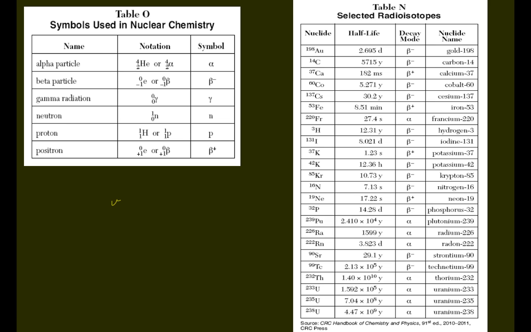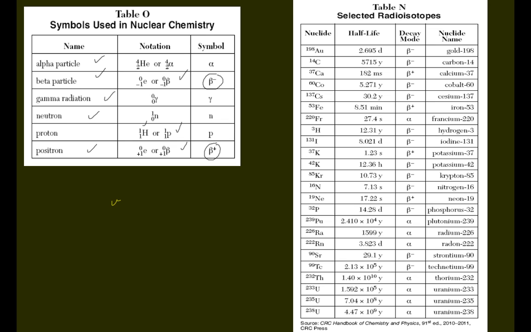But just know that alpha particle, beta particle, gamma, neutron, and positron are on here. Sometimes beta particles can have the Greek letter beta, with the plus and minus, which is another way to say beta particle. And what I didn't mention before was protons. Protons can have a lowercase p with a 1 and 1, or they can also be hydrogen, because remember, a hydrogen atom is really a proton.